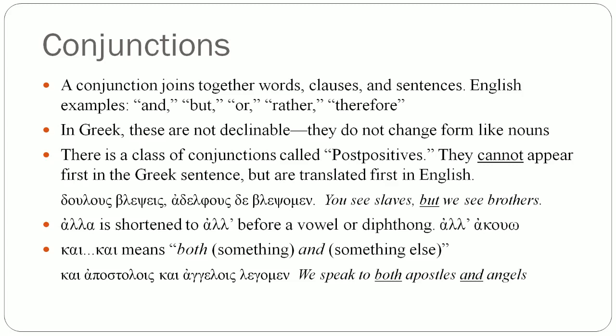All right. Next one you have is conjunctions. Conjunctions, this is pretty simple. I'll go through this fairly quickly. Okay, a conjunction is a small little word that joins together words, clauses, or sentences. English examples of conjunctions: and, but, or, rather, therefore.